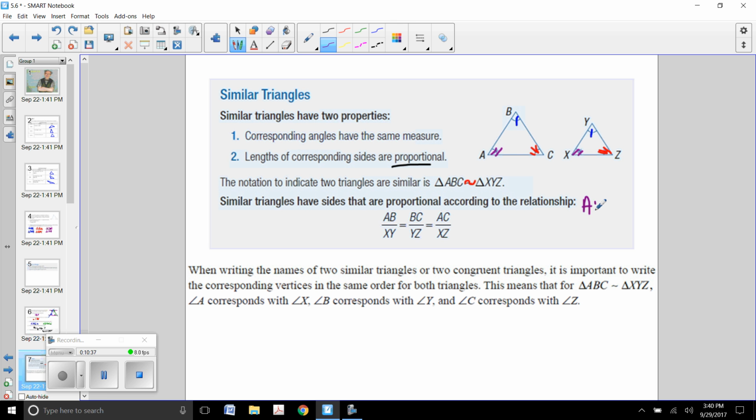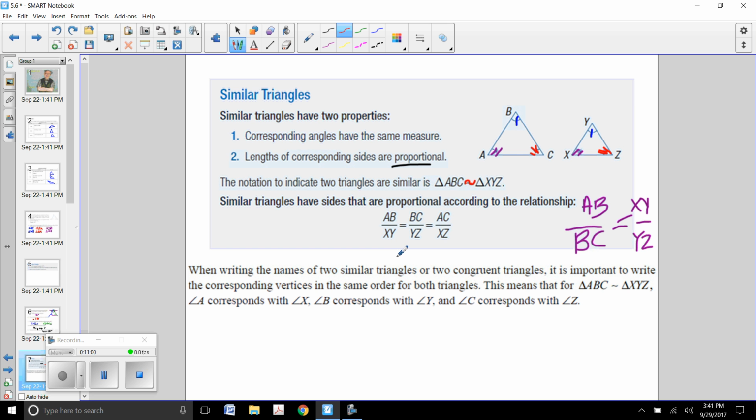So AB compared to BC is the same proportion as left side of the smaller triangle XY is to the right side YZ. Same results, same answer. I just like to go one triangle at a time.